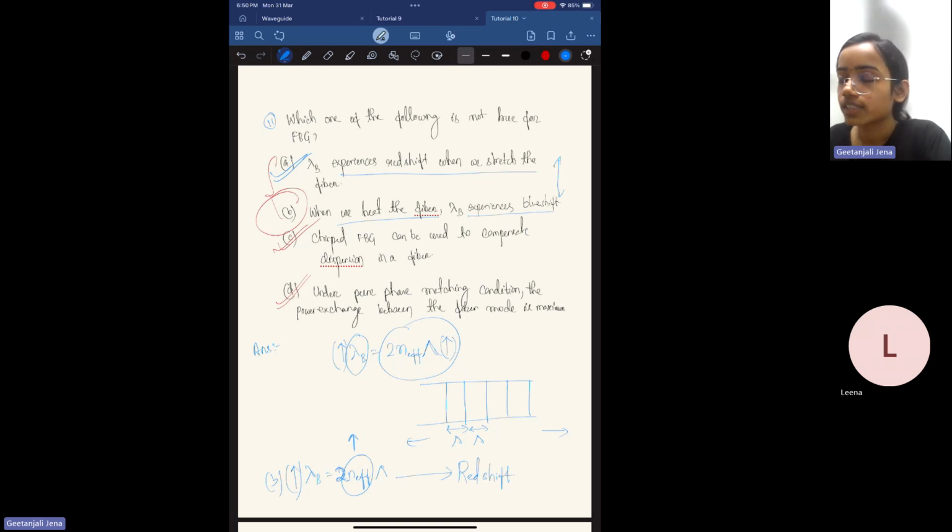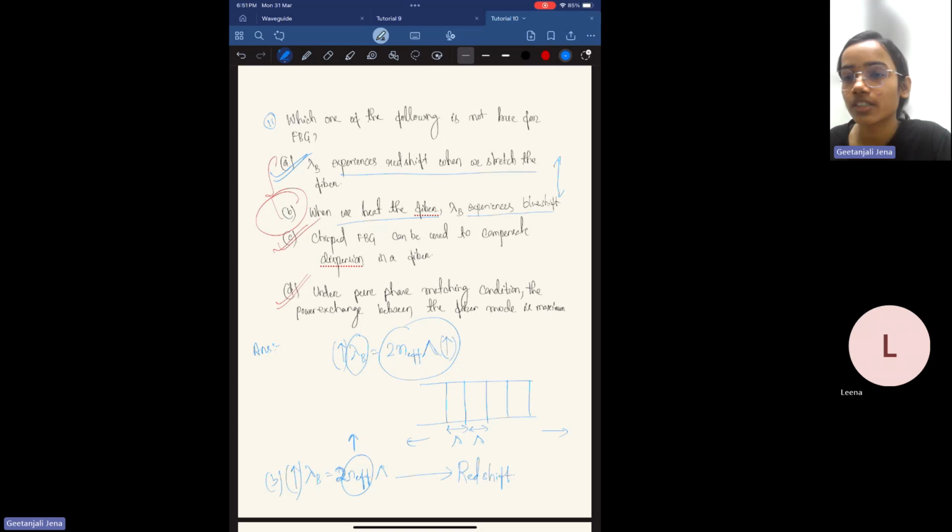We can take an analogy like this. When we heat the water, let us say we have a water container, we are heating the water. So that means the vibrational energy of the water molecules will increase, right? It is similar to that case. The vibrational energy will increase.